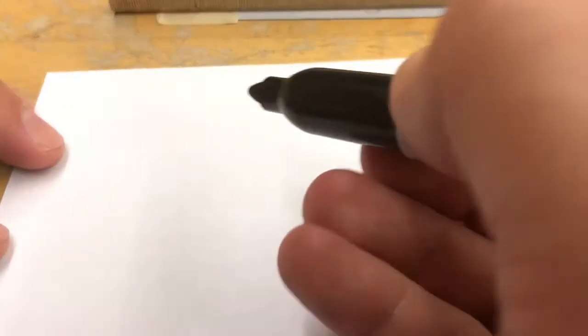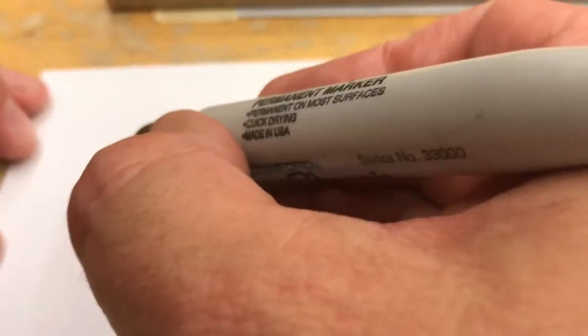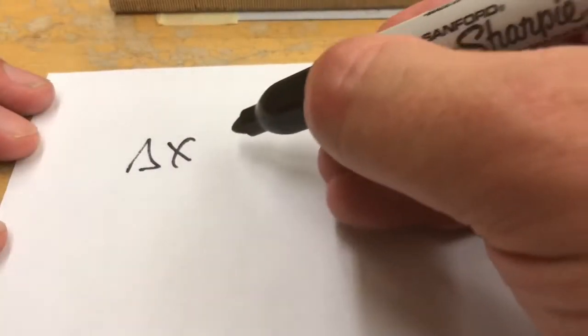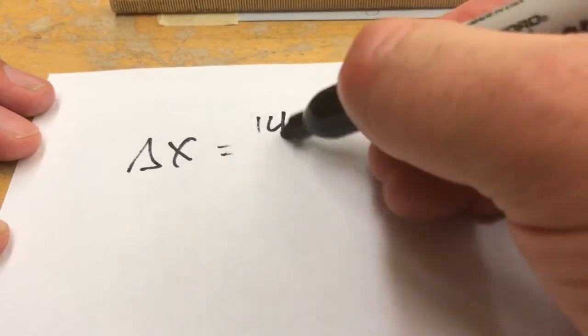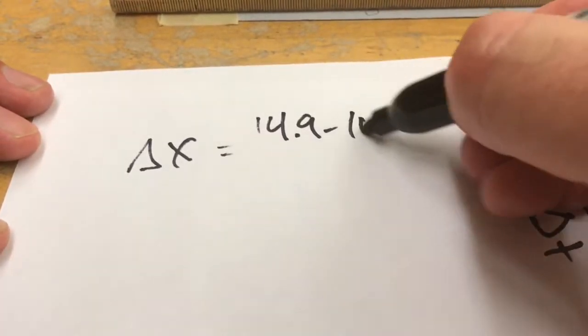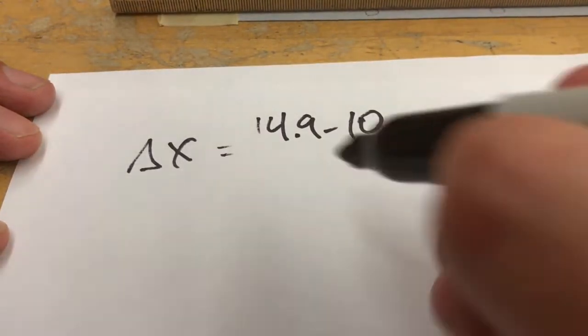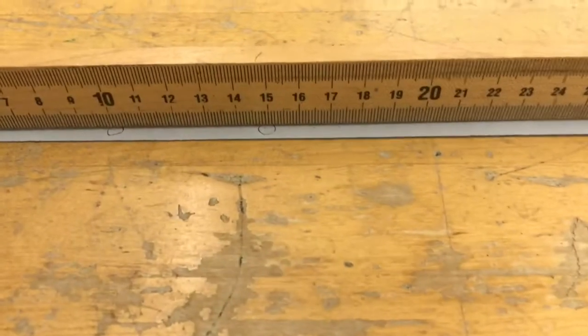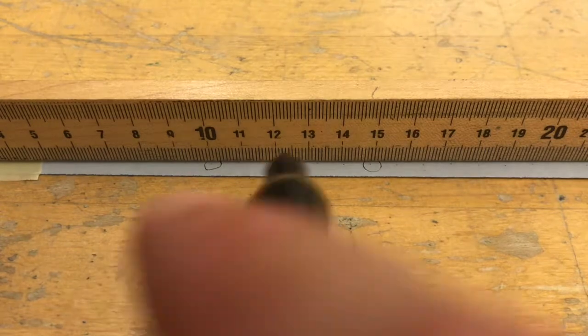So then for this measurement, my position change is going to be 14.9 minus 10 centimeters. And what might be a little harder to see is I skipped over 6 spaces.